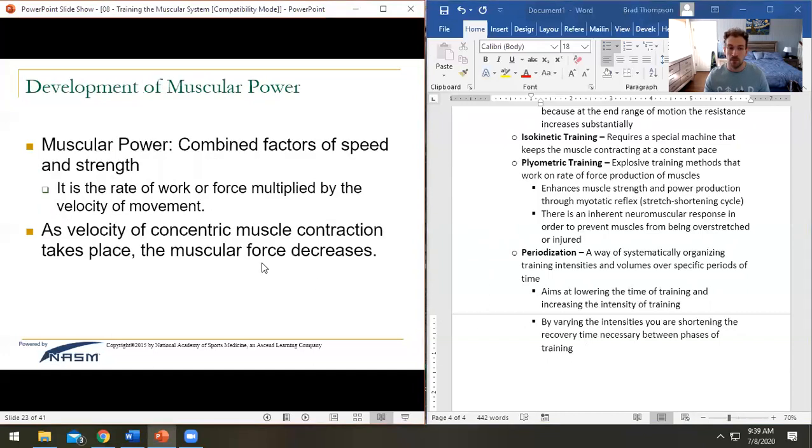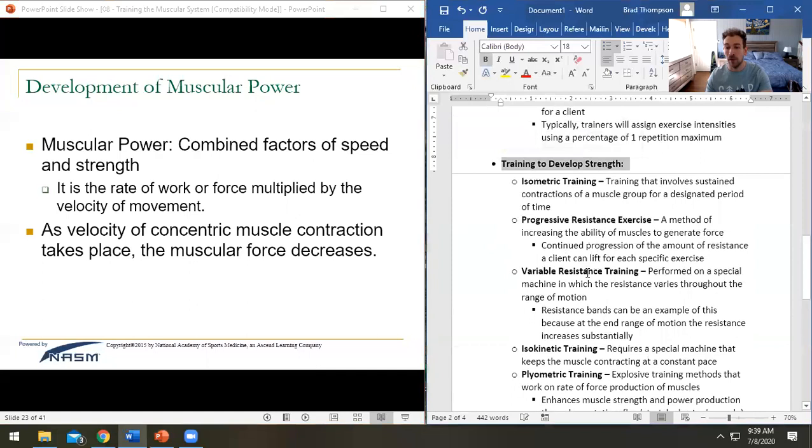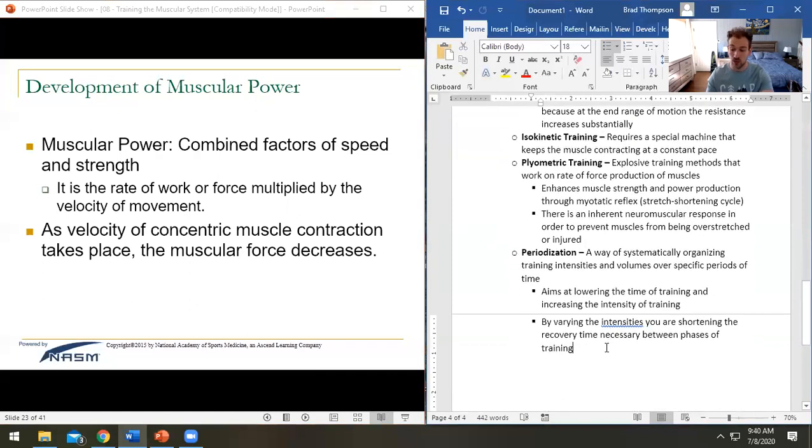If we're looking to develop muscular power, that is very different than strength alone, right? Strength is definitely part of it, but it is also its own concept. So if we're training to develop muscular power, we're focusing on rate of force production.